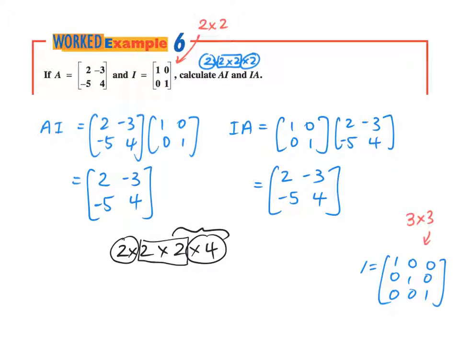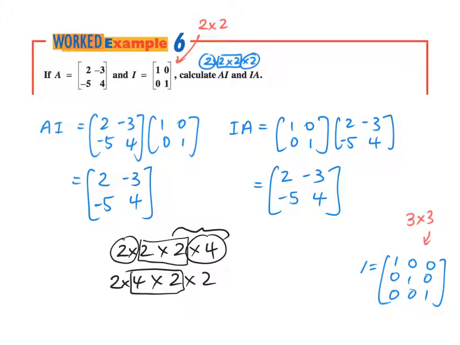And if we were to reverse this, you may ask, is this situation commutative? Let's swap the matrices around. If we did the 2 by 4 first, and then multiplied it by this 2 by 2 identity matrix, you can see here that these aren't the same.